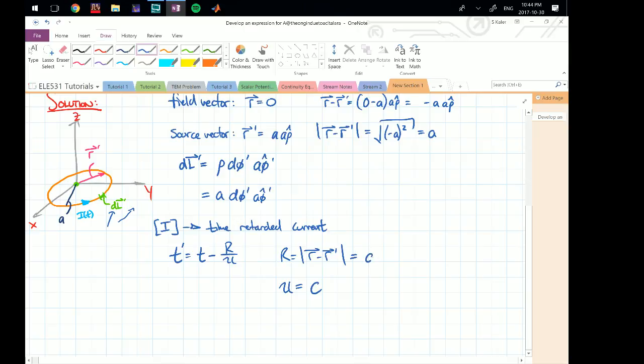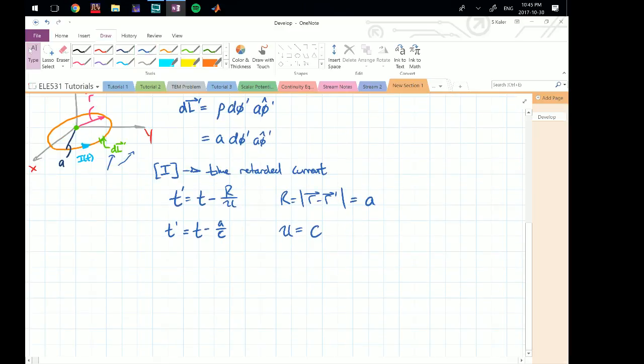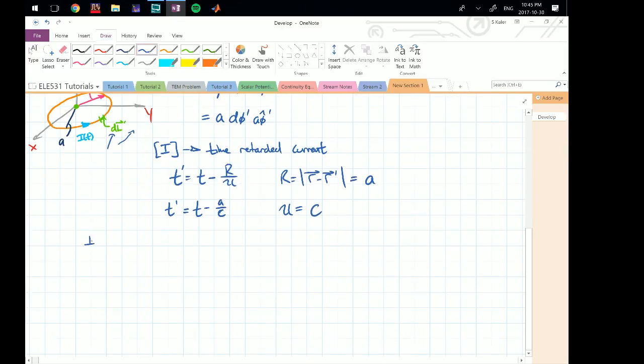R we found was a. So I can say that t prime is going to be t minus a over c. Simple enough. Now all I have to do is replace every t that I see in I with t prime, and then I can call that I with square brackets and say that is the time-retarded current, or the current taking into account time retardation effects, whichever way is easier for you to imagine.